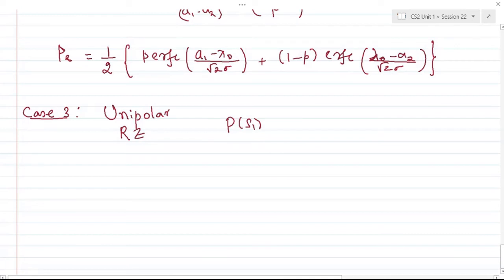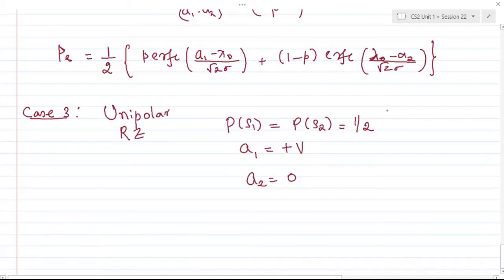Since there are only two symbols, we know that these two symbols are equally likely to occur. What is the value of A1 in this? A1 would be plus V volts, and A2 is 0. This is the unipolar case.